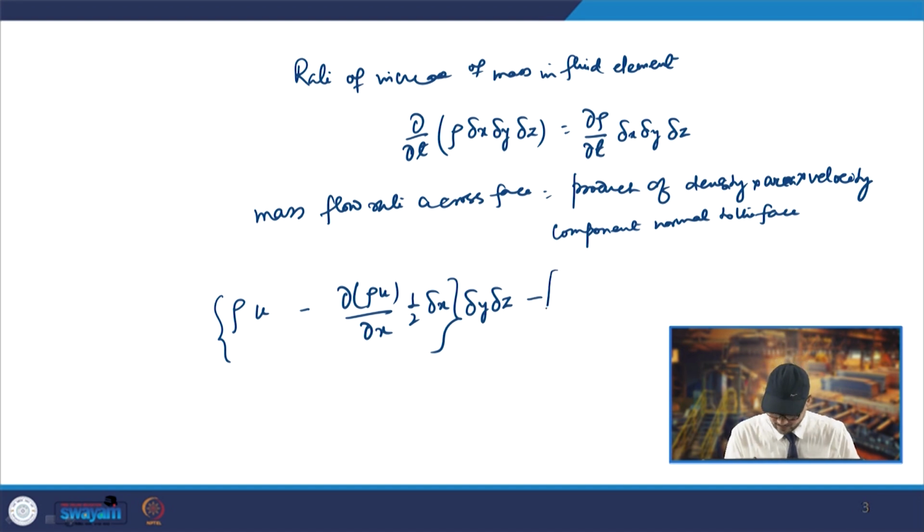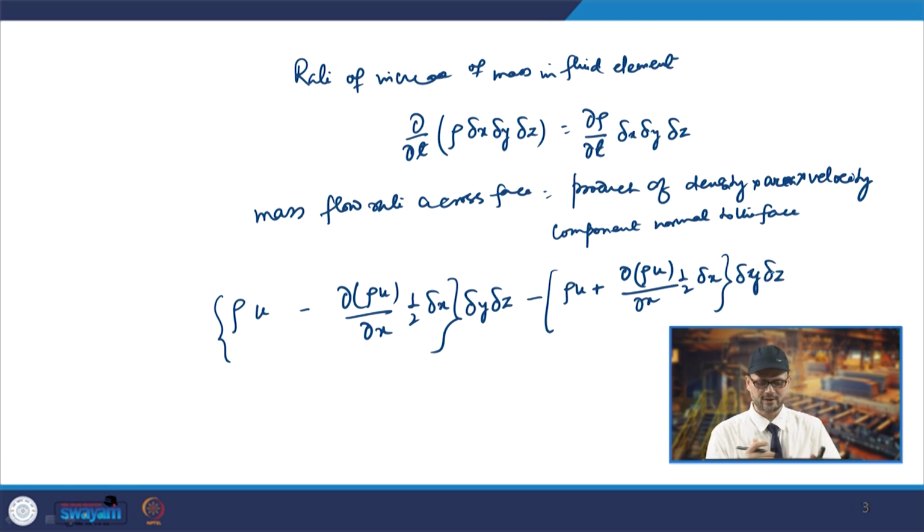So, it will be ρu plus ∂(ρu)/∂x times half of Δx, and that will be multiplied by Δy Δz. So, if you take that in the x direction, you have one flow from here and another flow on this side. So, these two faces are what give this terminology.